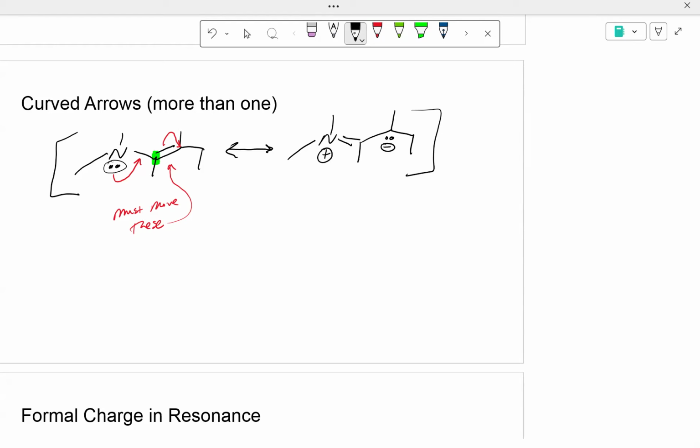Now in the second arrow there, so this was arrow number one, arrow number two. If you look at arrow number two, those pi electrons are moving towards this carbon atom I just marked with a star. That carbon's getting extra electrons around it, an extra lone pair. If carbon has a lone pair on it, it's going to be negatively charged.